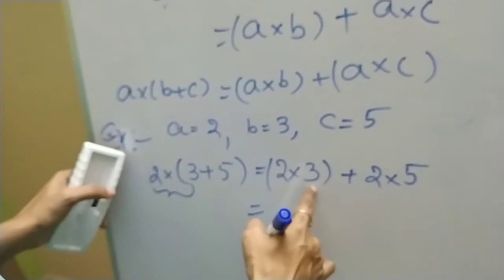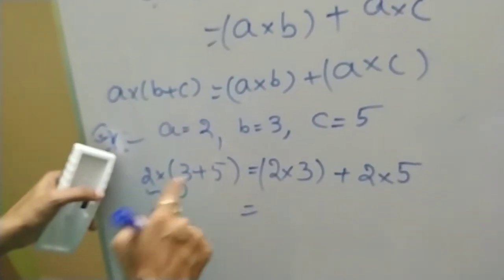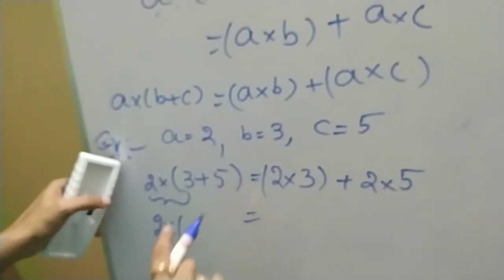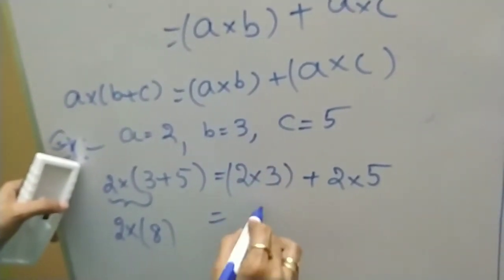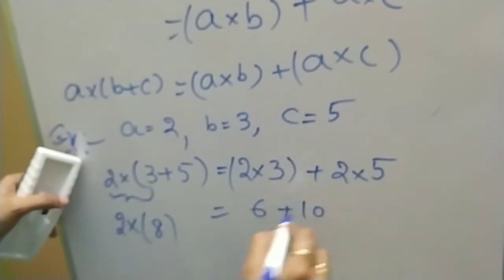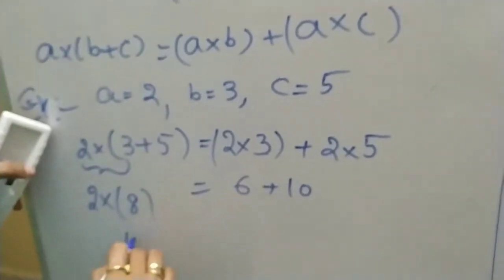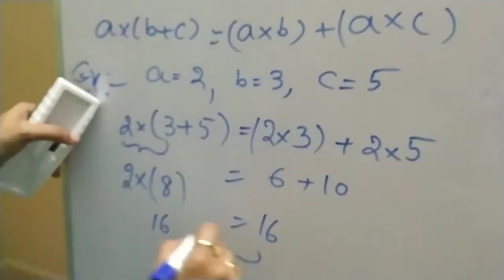See, 2 into 3 plus 5. So first do this one. 3 plus 5. What is 3 plus 5? 8. Right. See here, 2 into 3, 6. Plus 2 into 5, 10. Here 2 into 8, 16. Here also 6 plus 10, 16. Both are same.